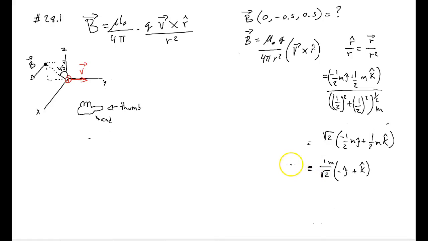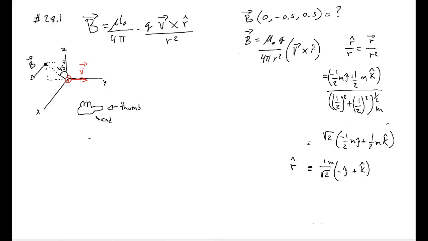Okay, so we need that value. That goes in here. And we already know v, so let's go ahead and do this part. V cross r hat is going to be 8 times 10 to the 6th meters per second. And I'm going to bring this constant out and multiply it by that constant there.